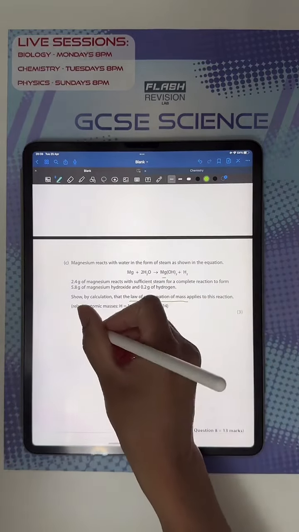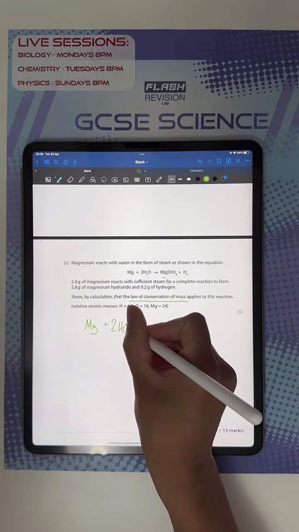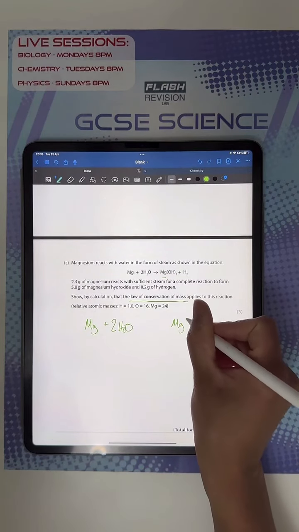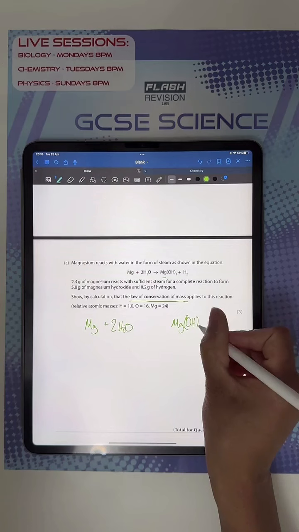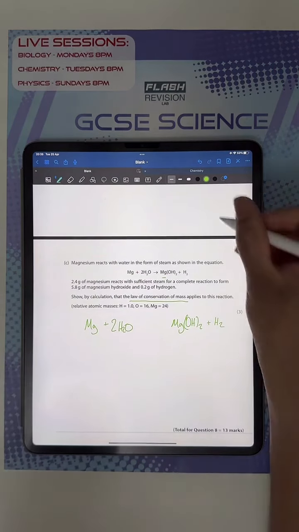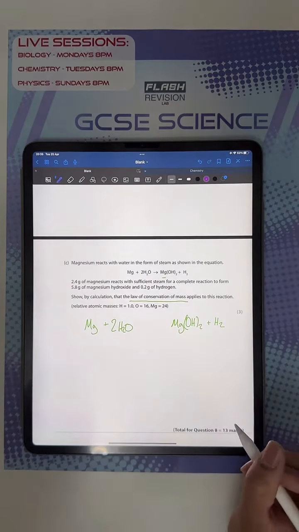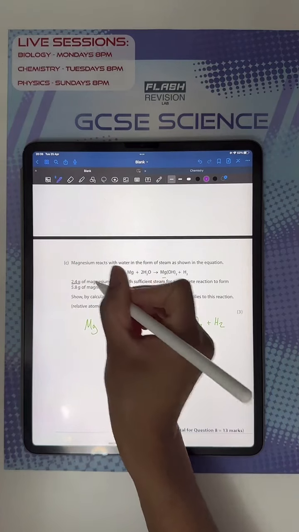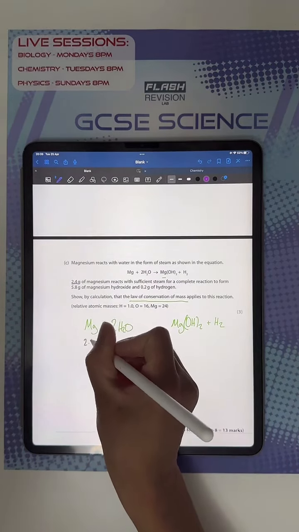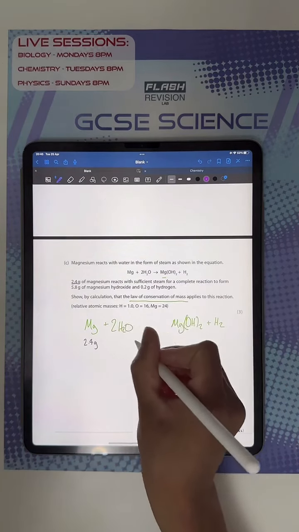So mass of Mg and 2H2O needs to be equal to Mg(OH)2 plus H2. What information have we got? So we have to read the question. It says 2.4 grams of magnesium reacts with sufficient steam. They haven't told us how much steam there is.